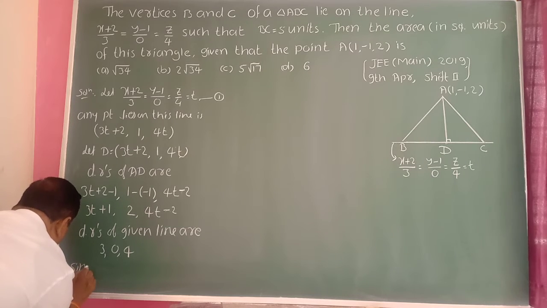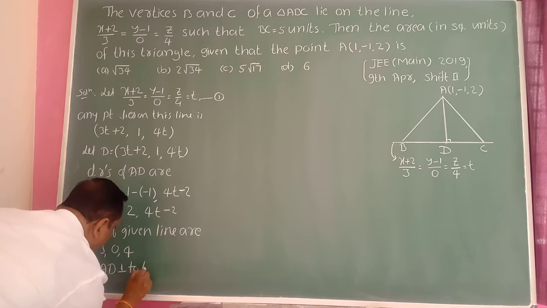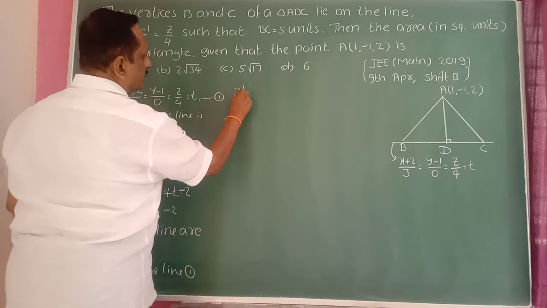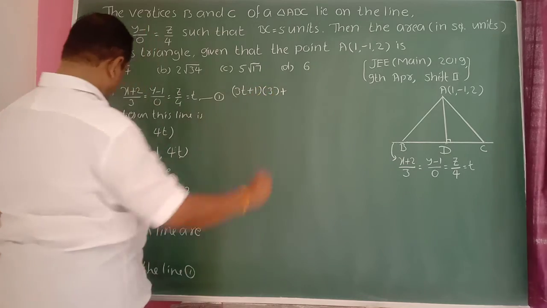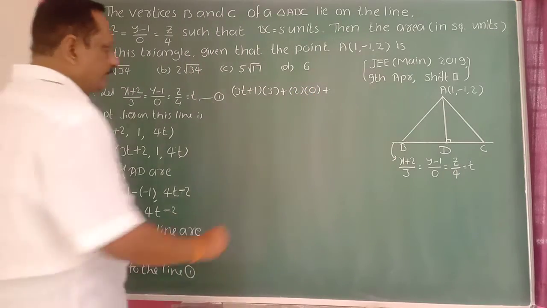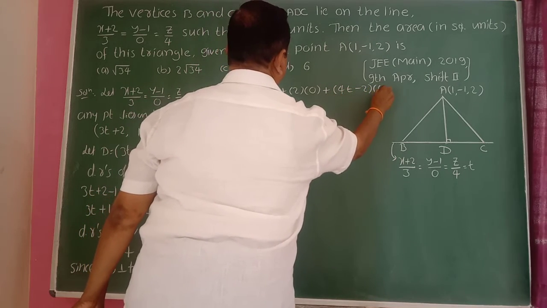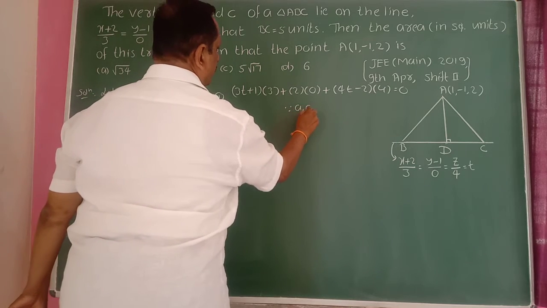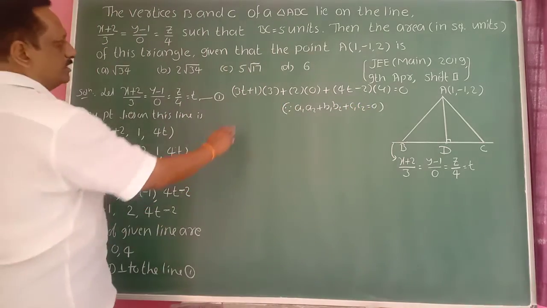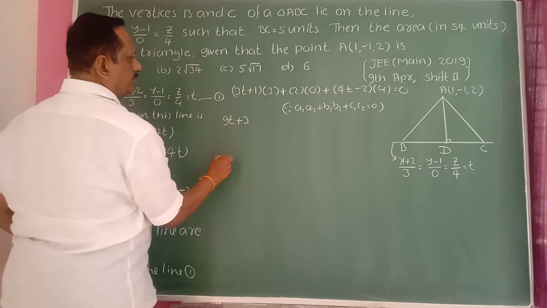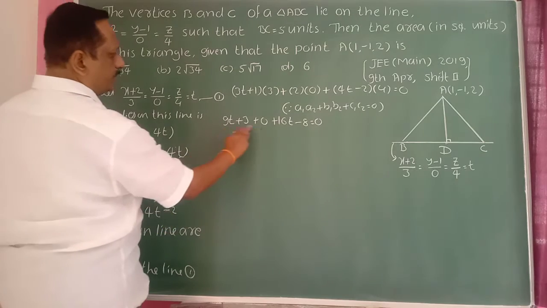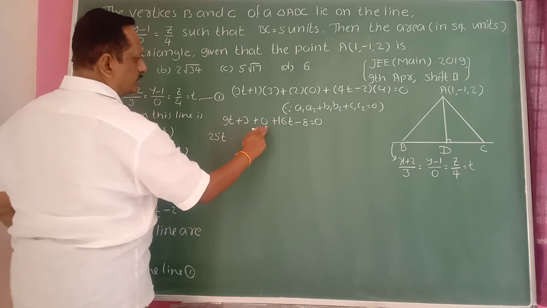Since AD is perpendicular to line 1, using the formula a1a2 + b1b2 + c1c2 = 0, we get (3t - 3) into 3 plus 2 into 0 plus (4t - 2) into 4 equals 0. That is 9t - 9 plus 16t - 8 equals 0.